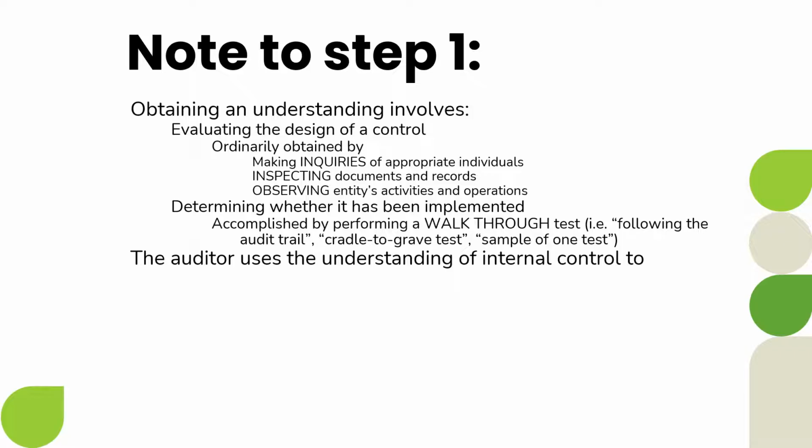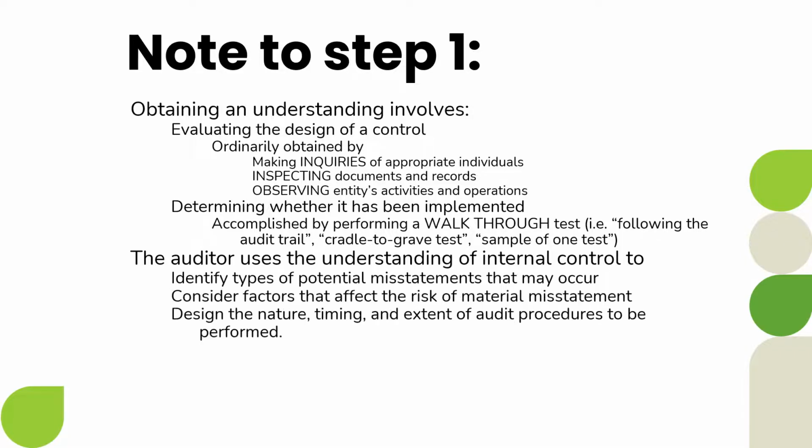Now, the auditor uses the understanding of internal control to, of course, identify types of potential misstatements that may occur. We are saying potential misstatements. Just because there is a deficiency in the control or there's a deviation to the control does not automatically mean that a misstatement exists.